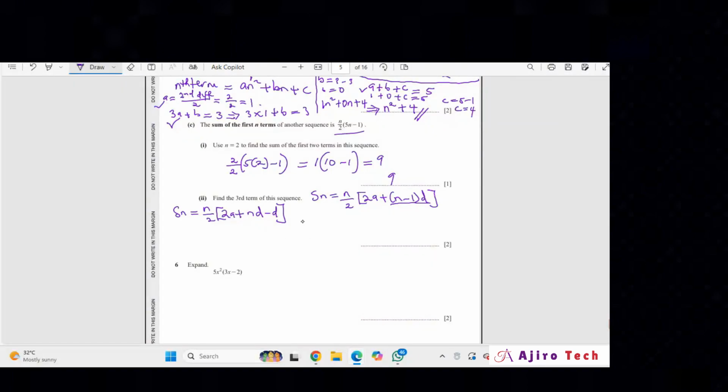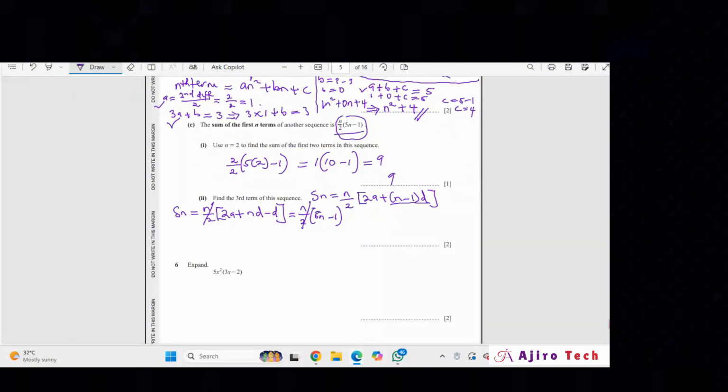So from here, you can now equate it to the equation given to me, which is n over 2 open bracket 5n minus 1. Now, the terms here are the same. This n can cancel out with this one here.